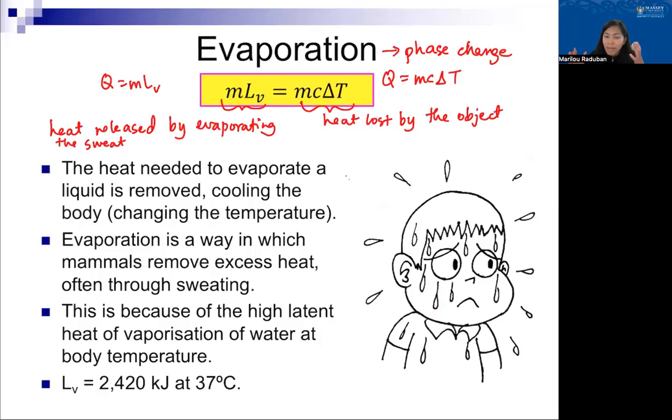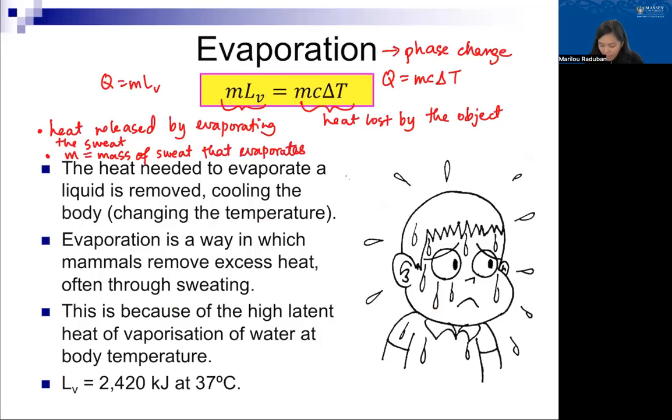So by understanding what's happening in evaporation conceptually, we can understand that this mass cannot be canceled. You can see in this equation, mass is on the left side and mass is also on the right side, but these are different masses. The mass on the left side is the mass of sweat that evaporates.